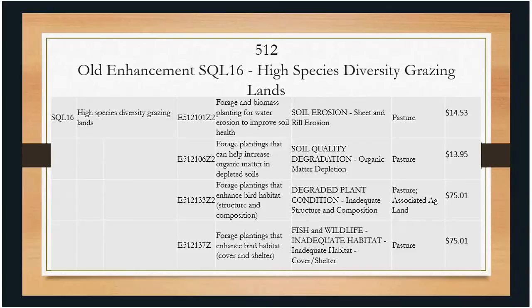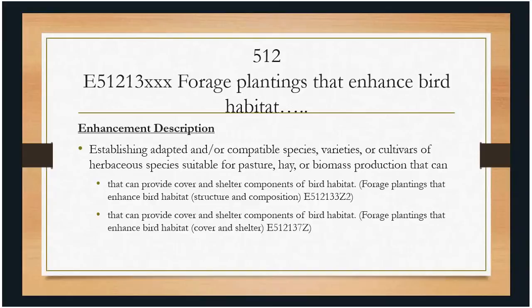You can do one for soil erosion, organic matter depletion, inadequate structure and composition, or wildlife habitat. These are all applicable on pasture lands. They pay between, looks like, $13 and $75 an acre.